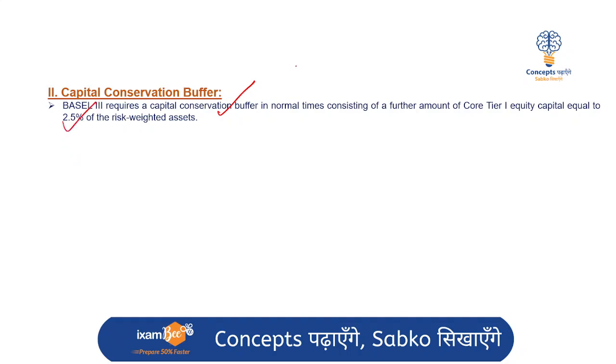This provision is given to ensure that banks build up capital during normal times so that it can be run down when losses are incurred during periods of financial difficulty, because the rationale was that banks are able to raise money effectively during normal times. So that's why they should do it, and then keep it as a buffer for difficult times, right? So this was the capital conservation buffer.